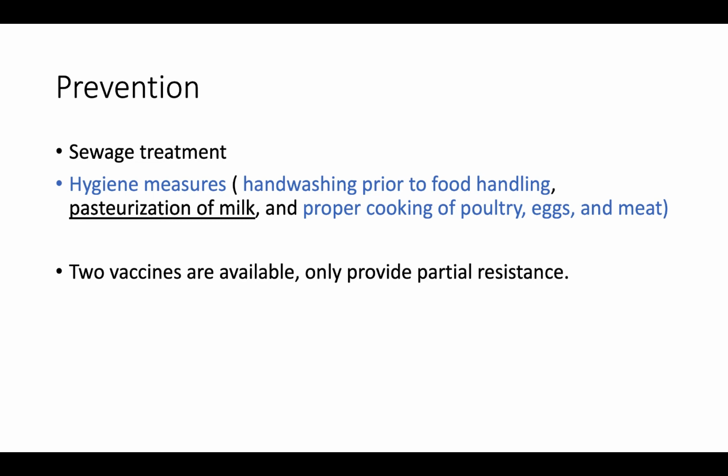So hygiene measures, hand washing, pasteurization of milk, clean and aseptic techniques, and proper handling of food, especially poultry and eggs. Vaccines are present, but they give only partial resistance to the disease.